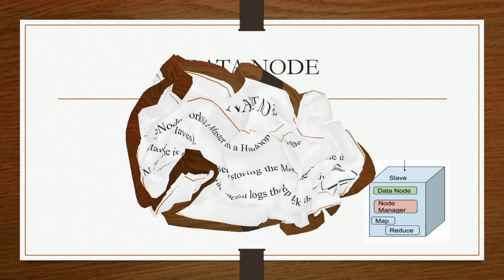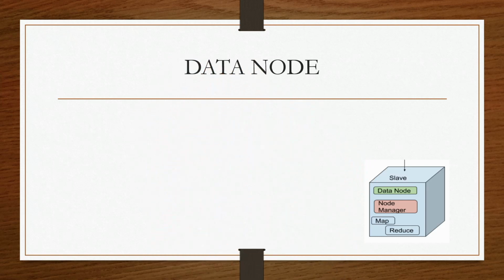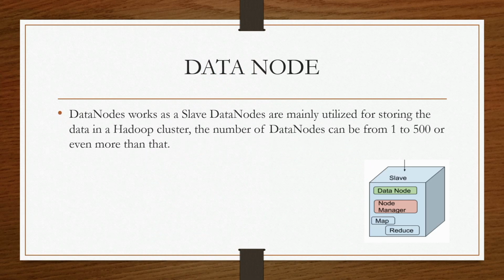Data node. The data nodes work as the slaves and are mainly utilized for storing the data in the Hadoop cluster. The number of data nodes can be from 1 to 100 or even more than that. The more data nodes there are, the more data the Hadoop cluster will be able to store.